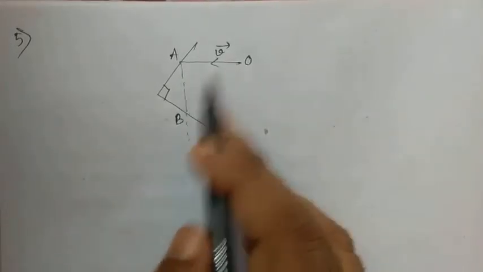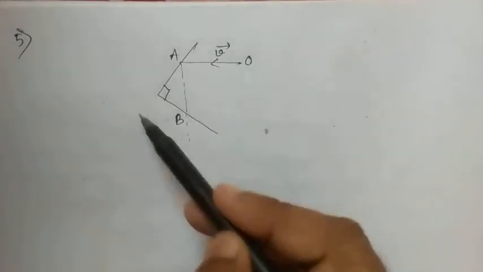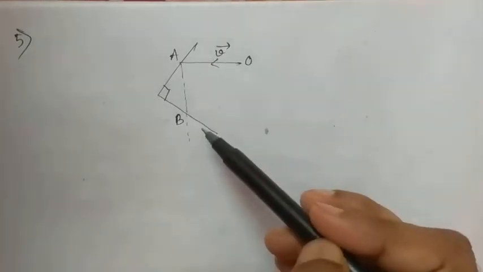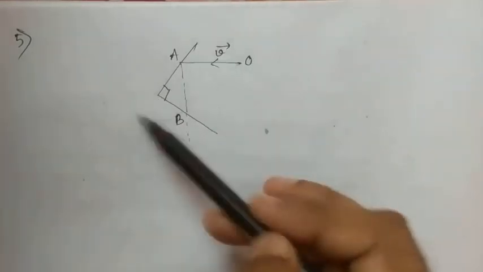Now fifth problem. AB is an L-shaped obstacle fixed on a horizontal smooth table.